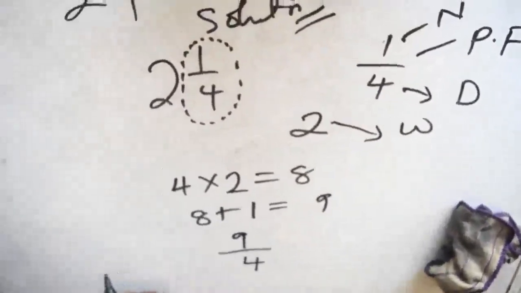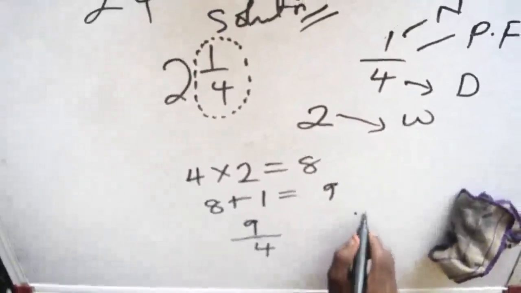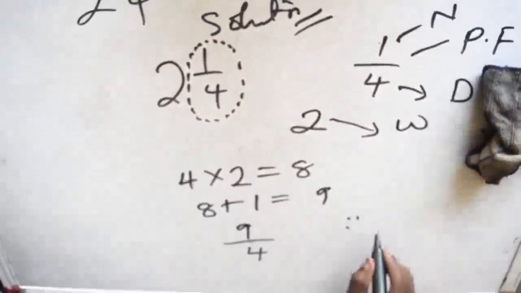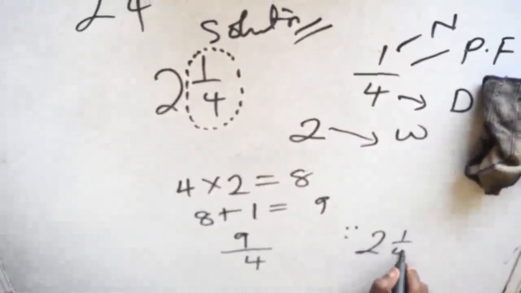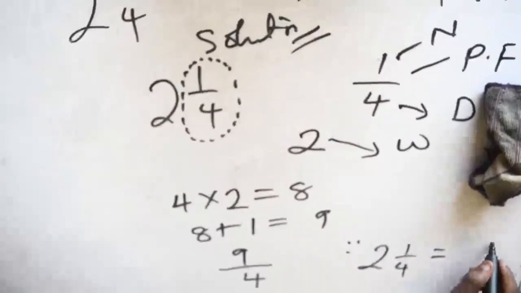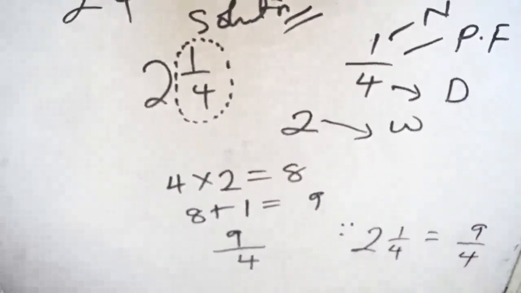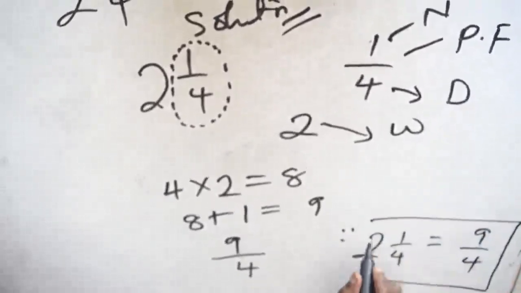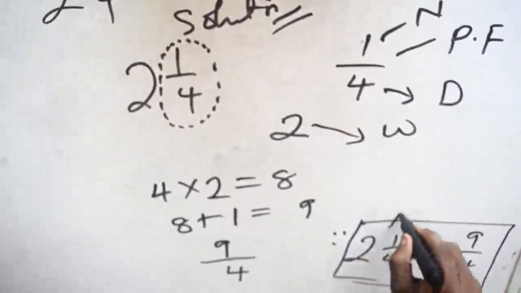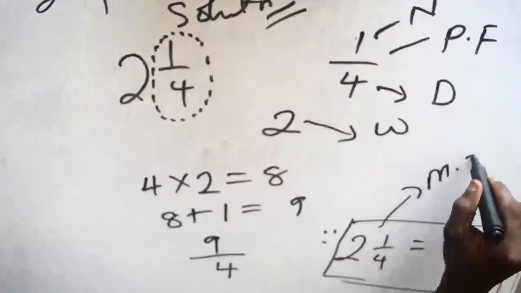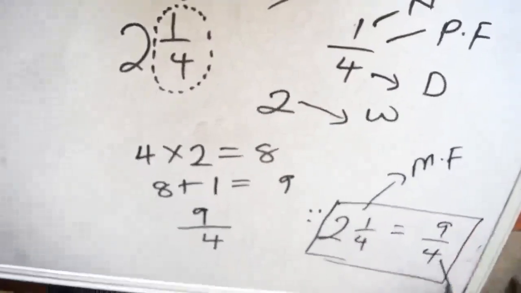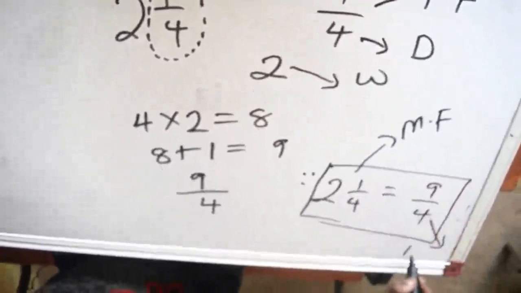So, in recap, it simply means that 2 whole number 1/4 is equal to 9/4. Now, these two guys are equal. This exists as mixed fraction, which I will call MF, and this exists as improper fraction, which I will call IF.